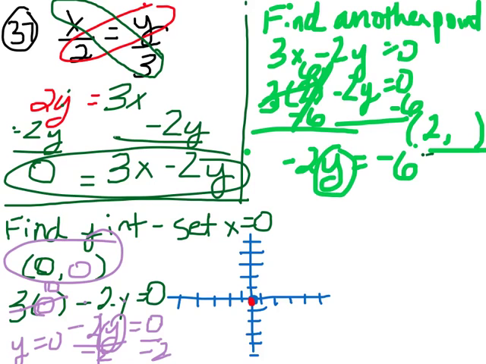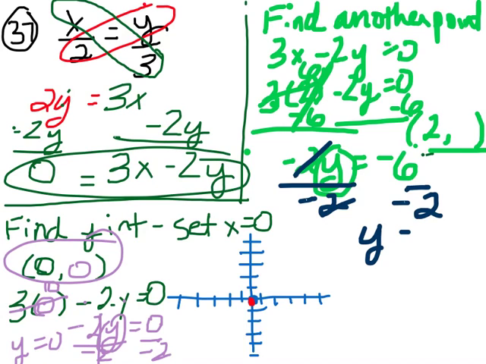And now I want to solve for y. So to solve for y, it's multiplied by negative 2. The opposite of multiplying by negative 2 is dividing by negative 2 on both sides. That gives me y equals negative 6 divided by negative 2. Negative divided by negative is a positive. 6 divided by 2 is 3. That gives me the point 2, 3.